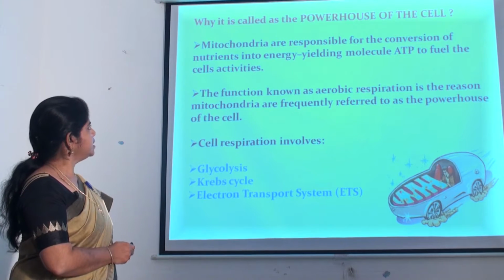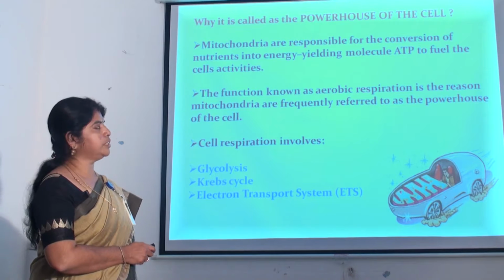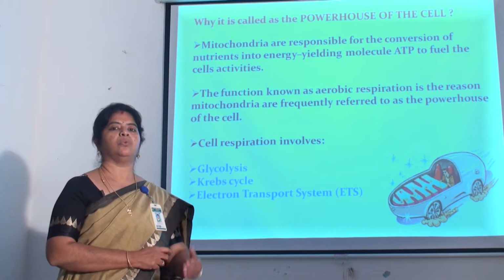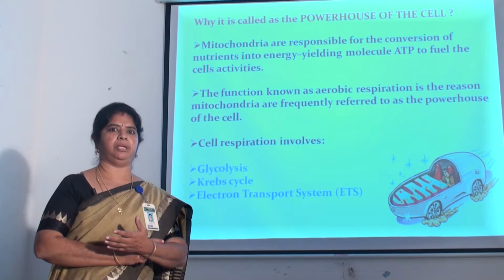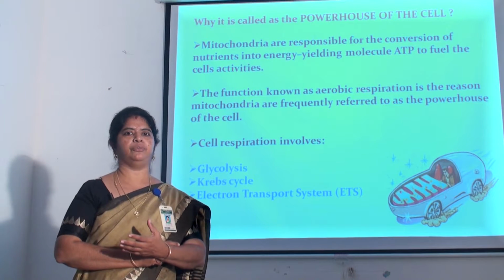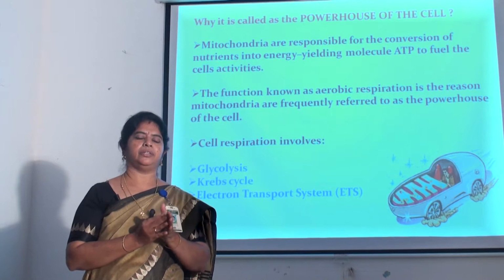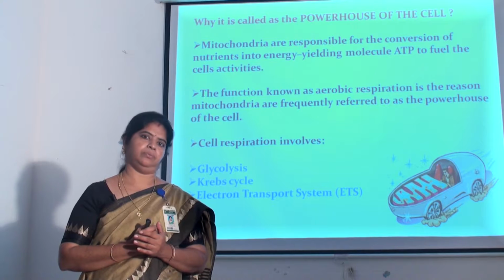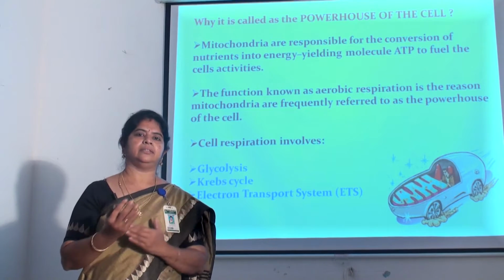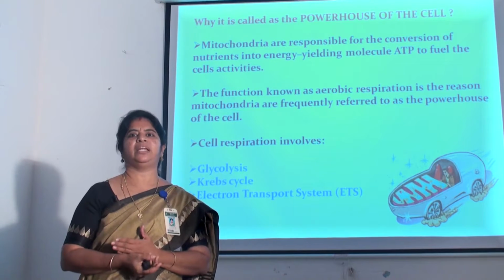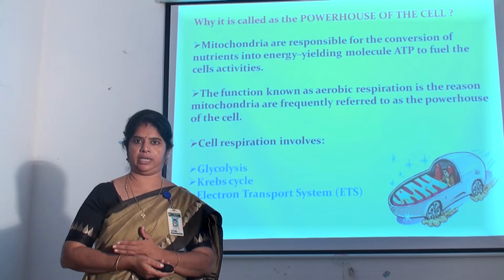The mitochondria are responsible for the conversion of the nutrients we eat, whatever the diet may be. They combine that food with the oxygen we breathe and convert it into the energy rich molecule adenosine triphosphate.